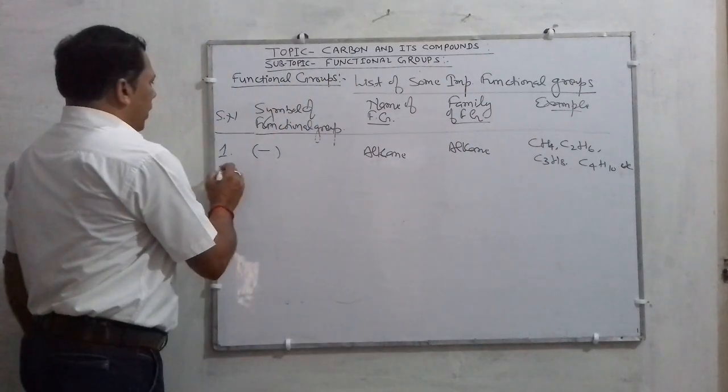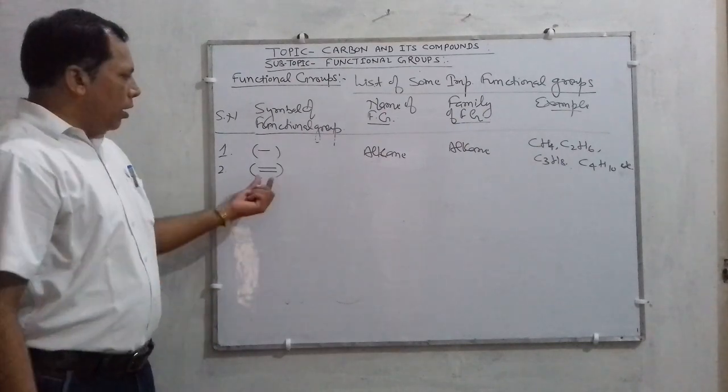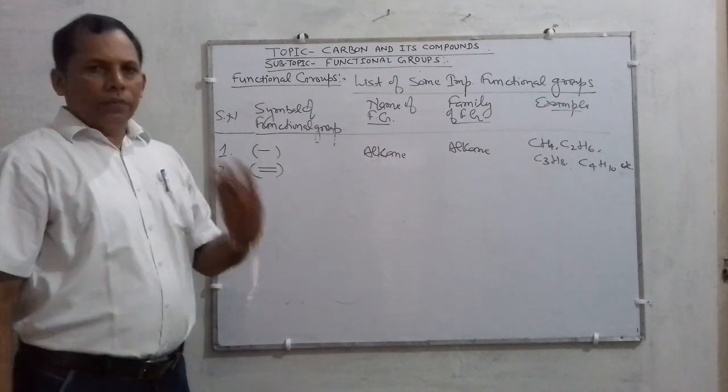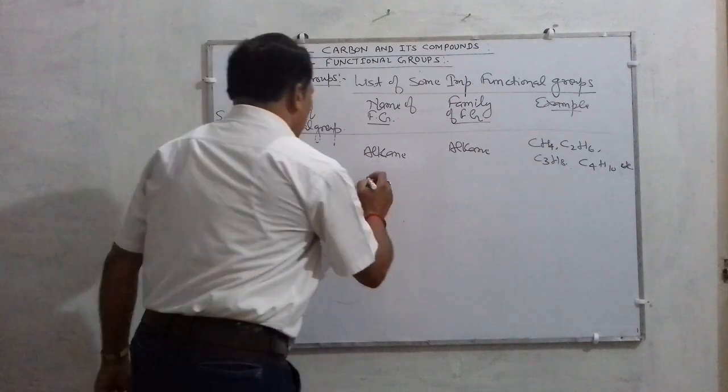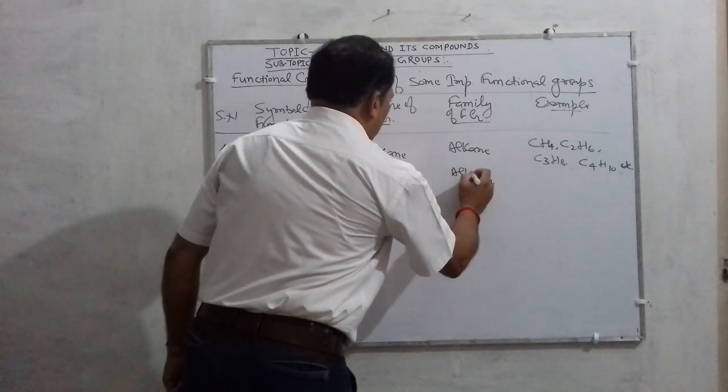Similarly, secondly, you select two parallel lines representing what? That is an unsaturated hydrocarbon termed alkene.